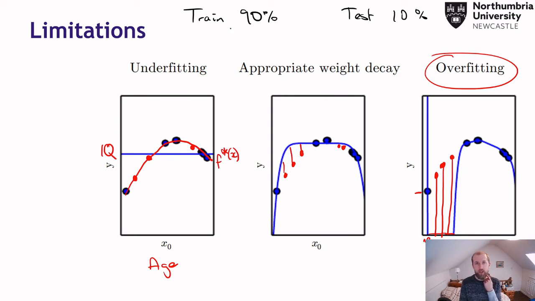We take this training set and we split it again into a new train set and a validation set. So I will take, let's say that this is 80% of the total data, and then the validation set is 10% of the original data, and we still have the exact same test set.